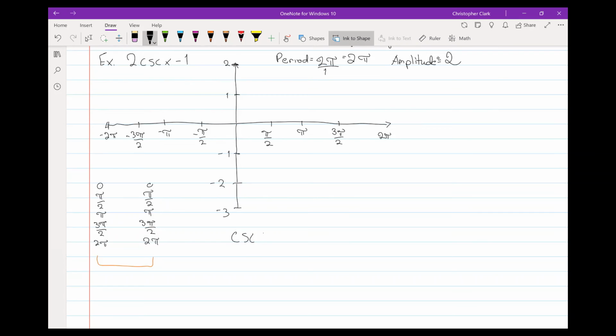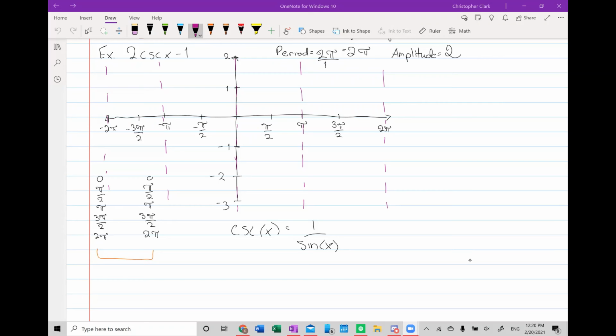Cosecant of x is equal to 1 over sine of x. So wherever sine is 0, those are our asymptotes. So let's go ahead and put our asymptotes here, at 0, pi, and 2 pi, negative pi, and negative 2 pi.